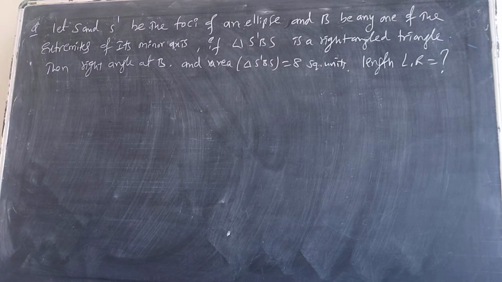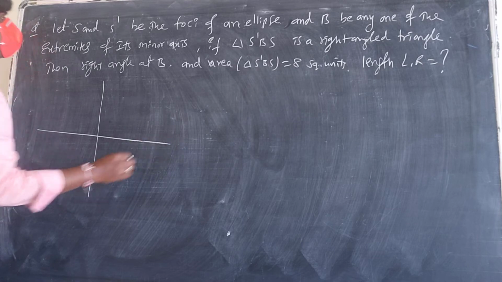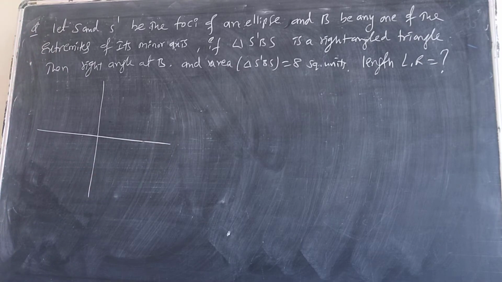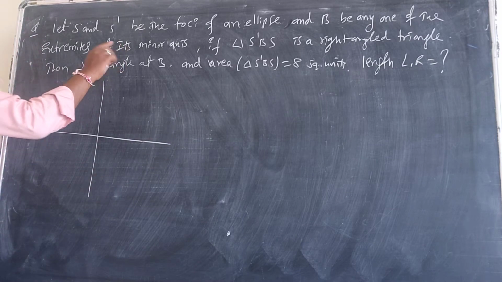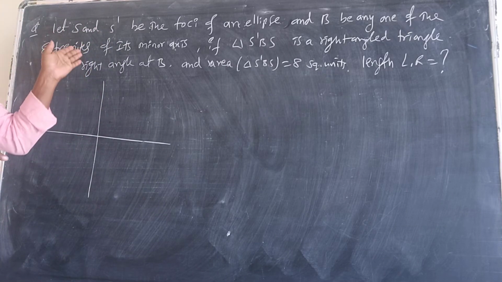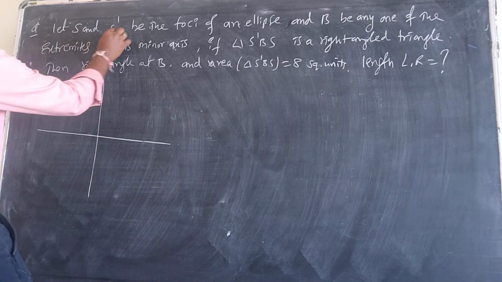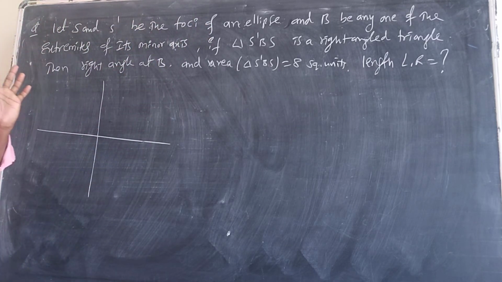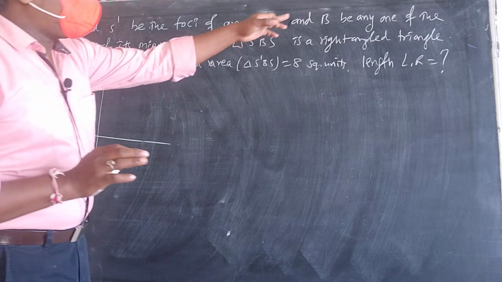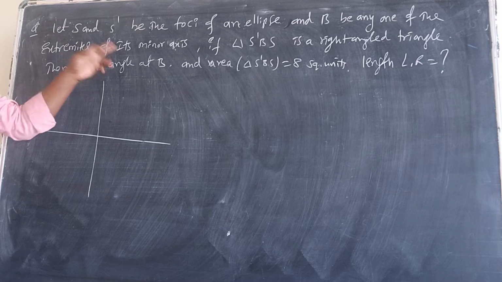Now here, what did they say? You need to understand this one. S dash is the focus. He is saying a simple thing, you need to get the clue here. Is it a vertical ellipse or a horizontal ellipse? How will you come to know? S dash is the focus, and B is any point on the extremities of its minor axis.